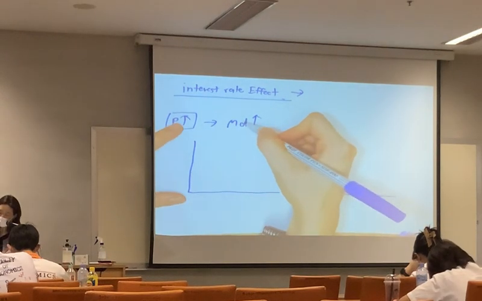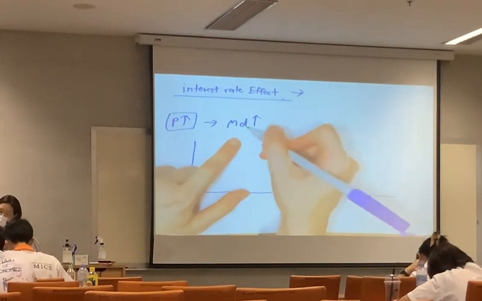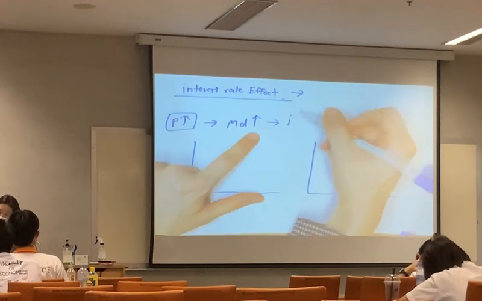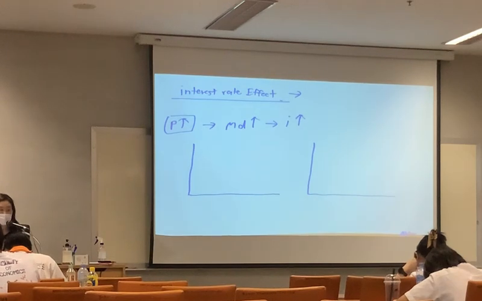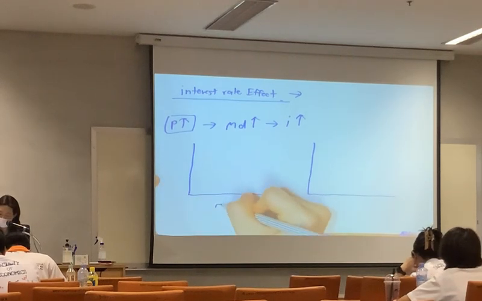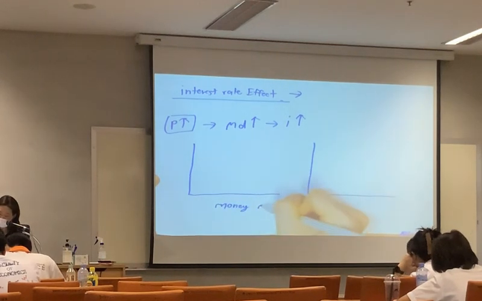Then when they hold more money, I explained to you before that the interest rate will increase. But before I didn't draw any graph, and now you know about the money market graph, so I can introduce the graph.